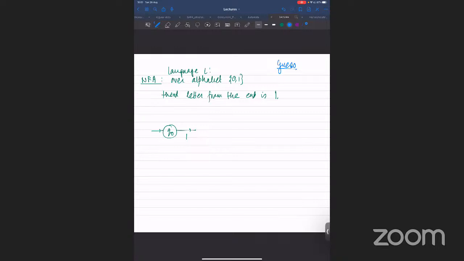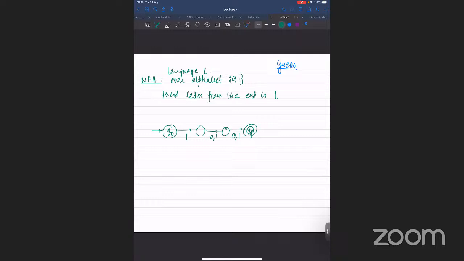Suppose you see a 1, and you can guess that this is the third letter from the end. Then you can have either 0 or 1, and you reach here. This is my final state QF, and I cannot take anything from here. There is no transition from here, which means if you read anything from here, that is a rejection, correct?